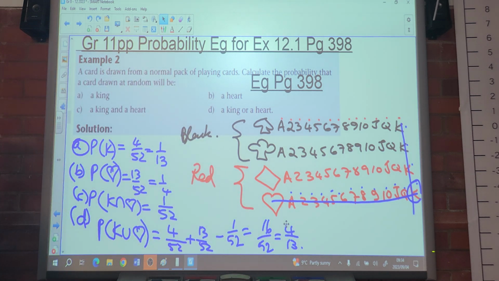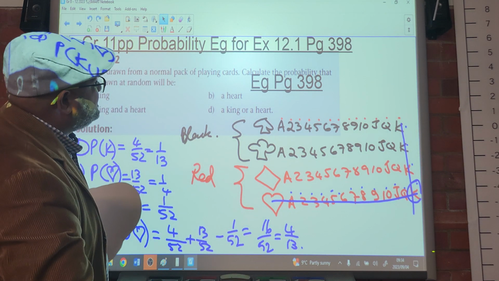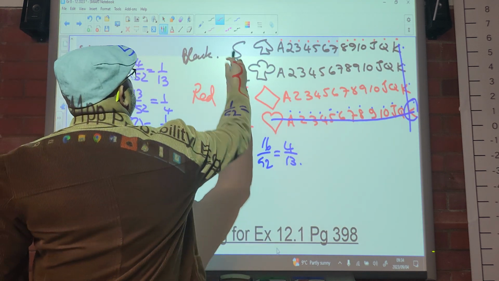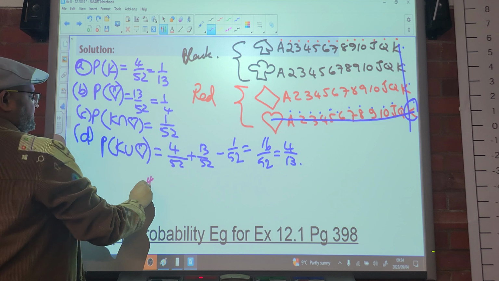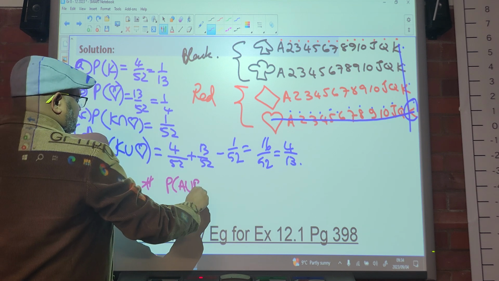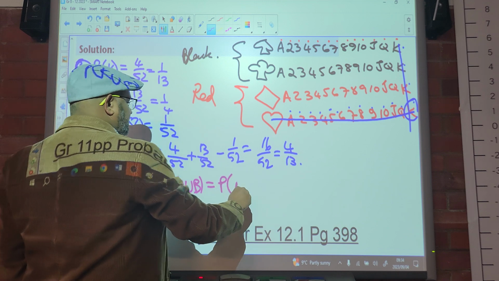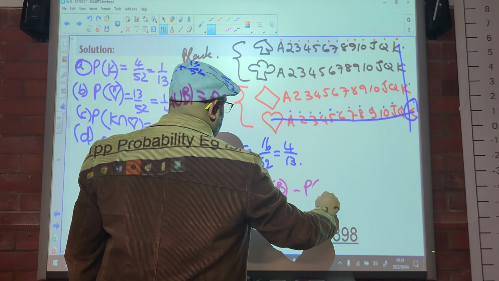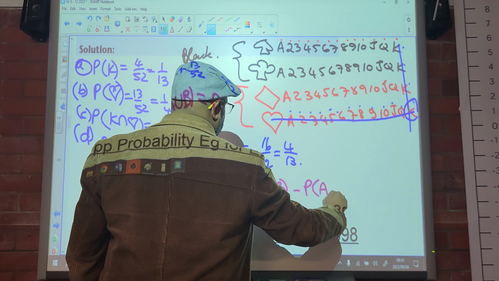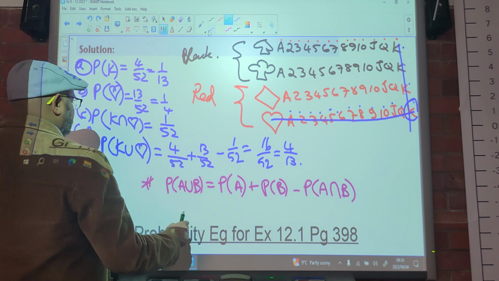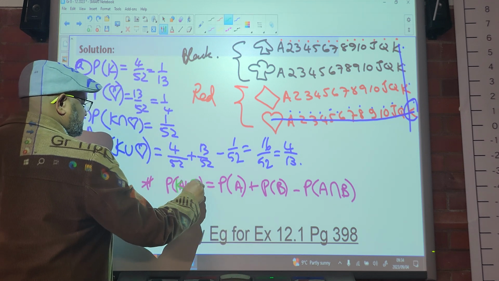Okay. Or we could have used the formula. The formula would have been simply the probability of A or B is equal to the probability of A plus the probability of B minus the probability of A intersection B. In this case, we have kings and hearts.